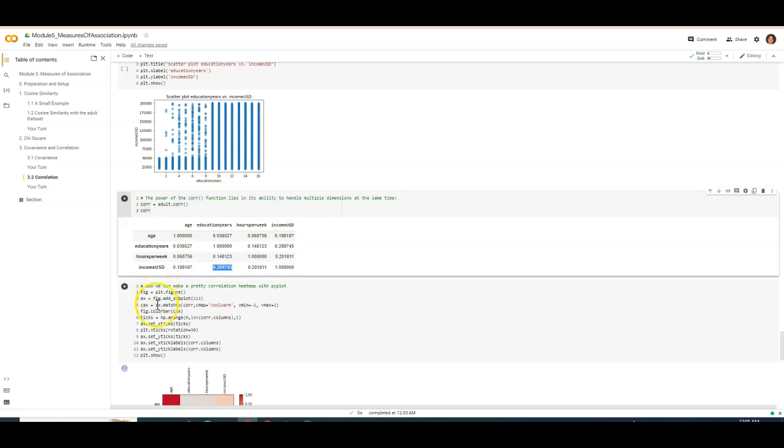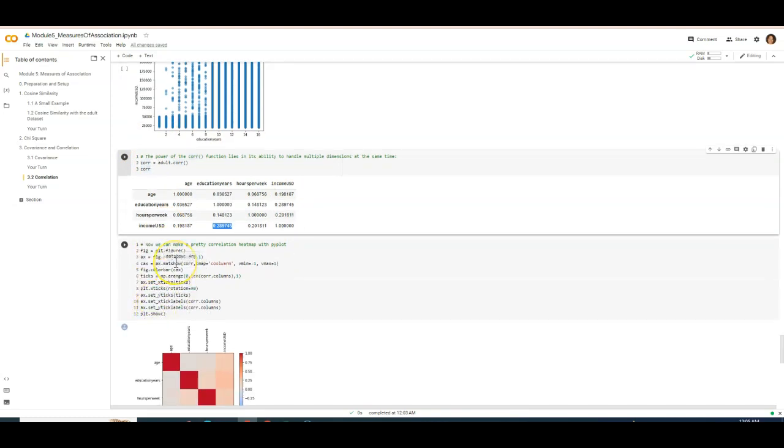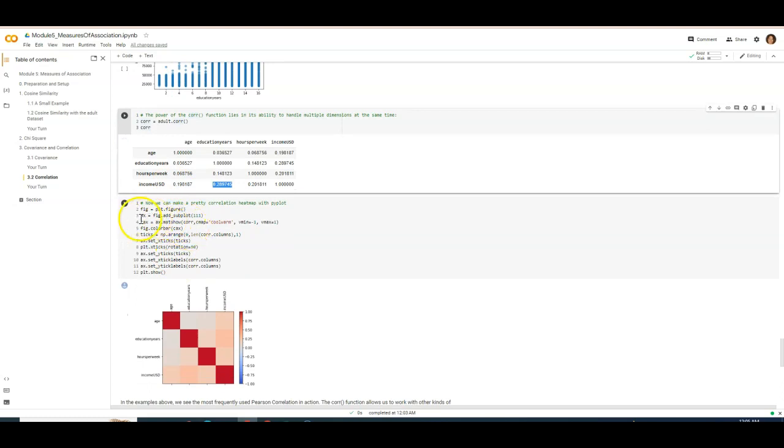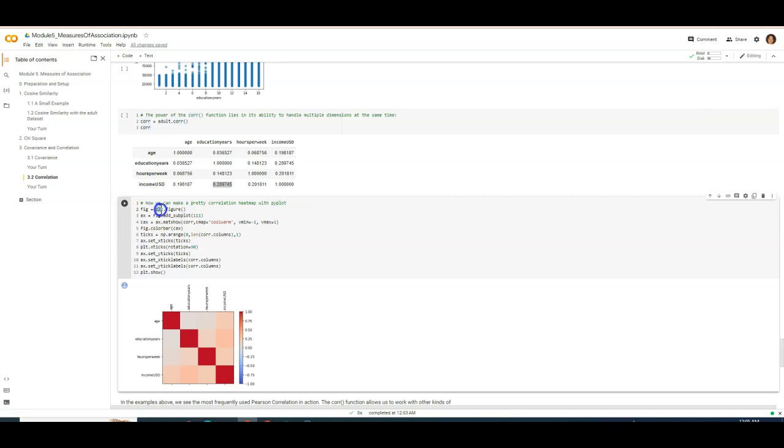And now that we know that, we can also set that up as a heat map. And for that, we are going to use our matplotlib and our plot library here. We're setting up our figure, and we're going to add our subplot. We're going to use the cool, warm colors here, and we are depicting our correlation. That's the outcome here. This is what we're showing down here, right?